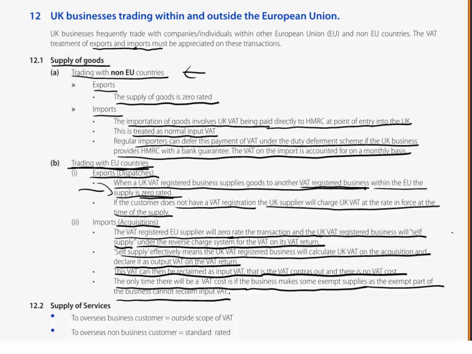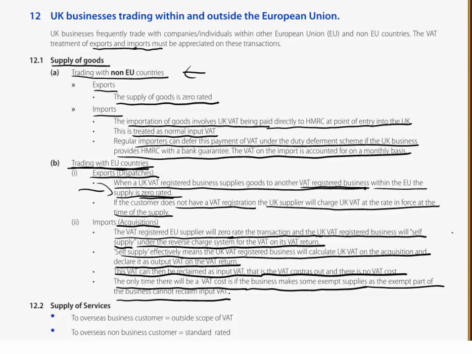Now that is as it should be. Now you might be thinking, doesn't sound fair. Well, actually it is. You think, if my business makes exempt supplies, then I cannot recover input tax on my purchases. So if I buy this £100,000 worth of goods from a VAT registered supplier within the UK, then I pay £120,000, the 100,000 plus VAT on the sale to me.